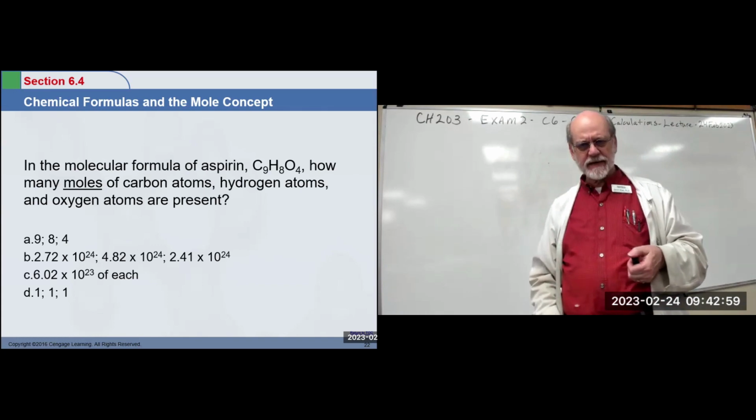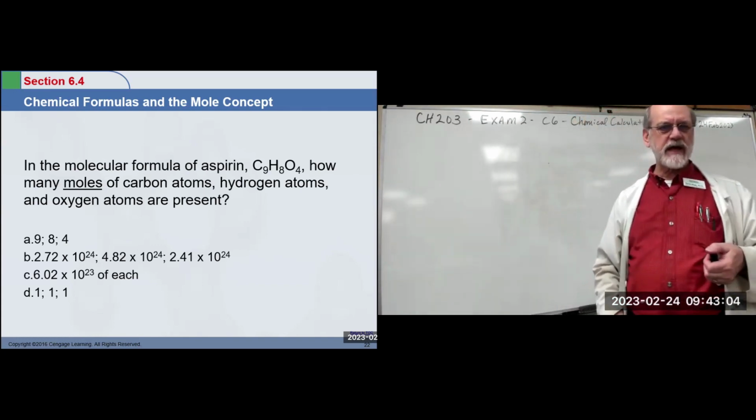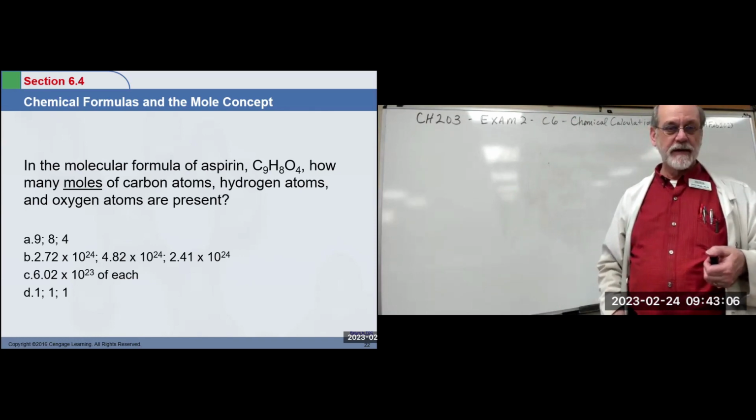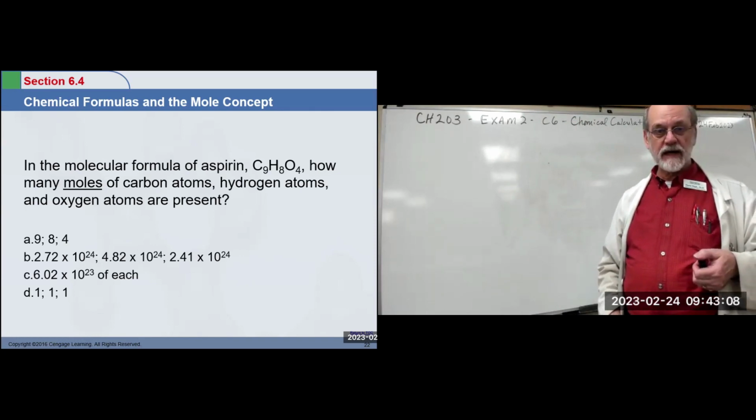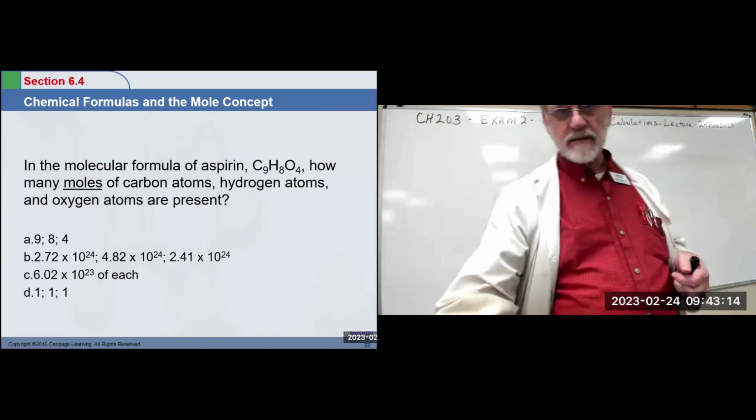That's aspirin again, isn't it? C9H8O4. How many moles of carbon atoms, hydrogen atoms, and oxygen atoms are present in 1 formula of aspirin?